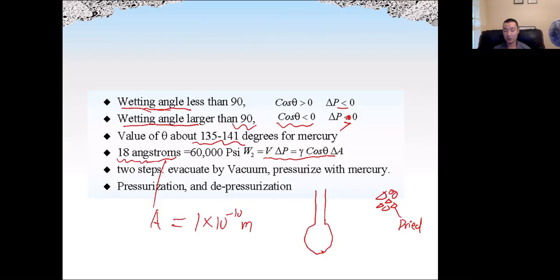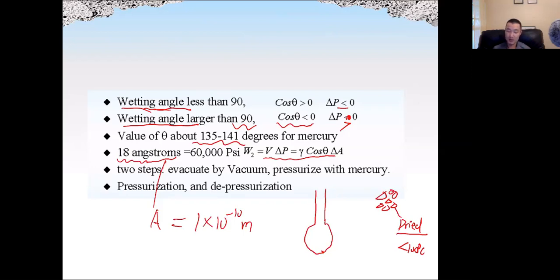If there's water in the pores, mercury cannot get inside. We need to dry them at not very high temperature, maybe less than 100 degrees Celsius, otherwise we may damage the pore structure of the samples.